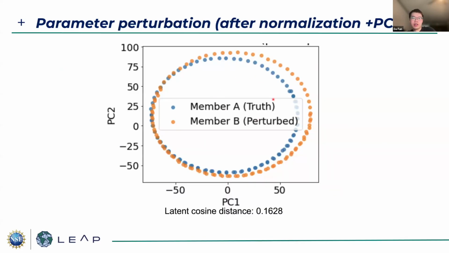You can see there's a difference in locations and angle. Based on our calculation, the cosine distance, or the angular difference, between these two members is 0.16. So this parameter perturbation increases the distance between member A and member B in the latent space.